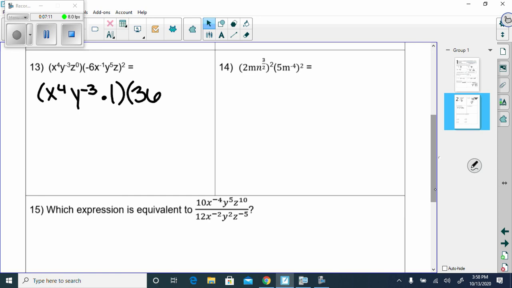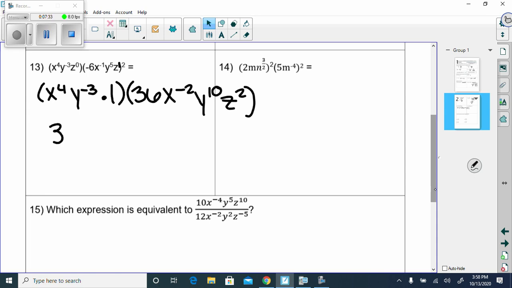Alright, and then power to a power means to multiply exponents. So -1 times 2, and 5 times 2, and 1 times 2. So this is like having a 1 there, right? Now we're just multiplying, so I just need to go back and add my exponents.